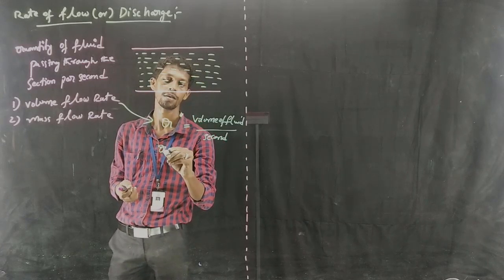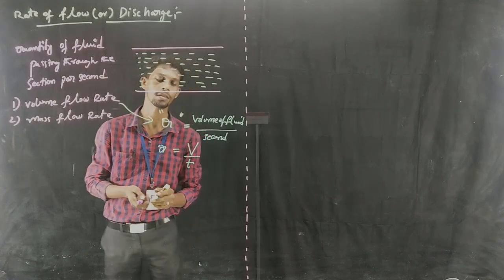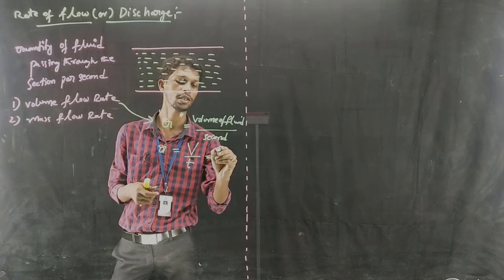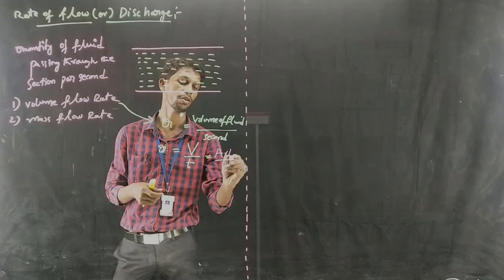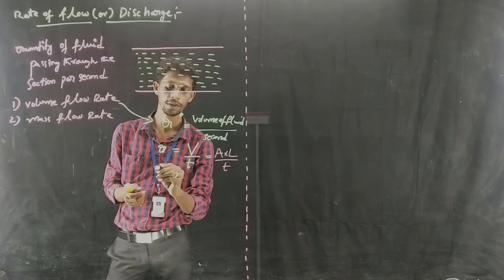Here it is volume by time, and volume is equal to area into length.